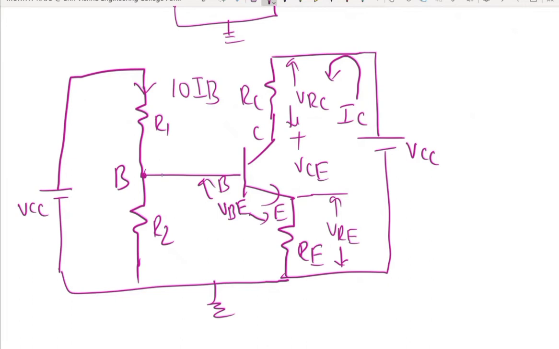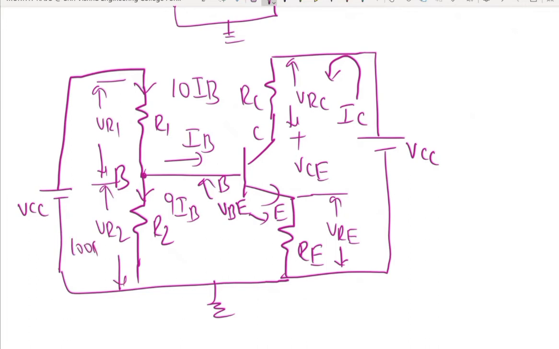This 10 IB splits at the base point; the current flowing through the base terminal is IB. The current flowing through the R2 resistance is 9 IB. This one is VR1. This one is VR2.